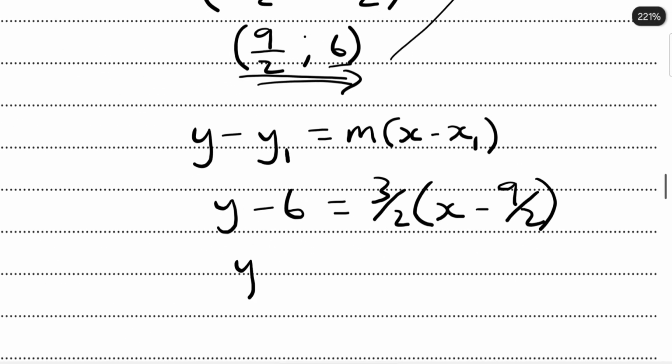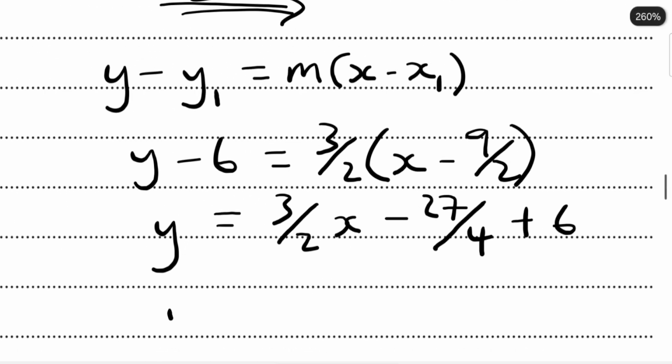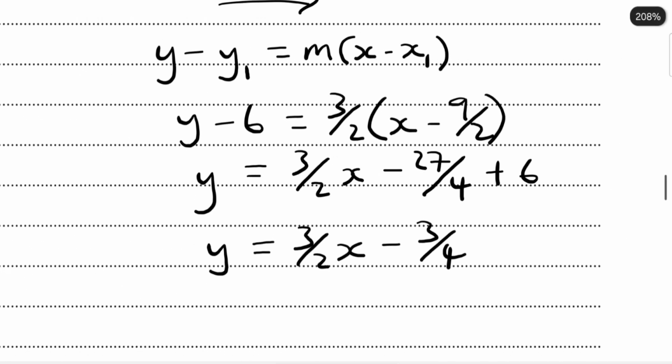So y equals 3 over 2 x minus 27 over 4 plus 6, that's minus 3/4. So y equals 3 over 2 x minus 3/4, like this.